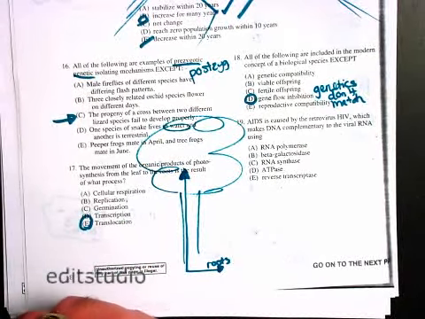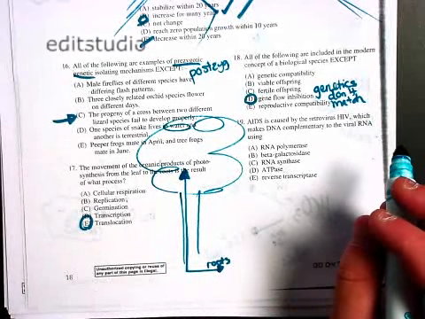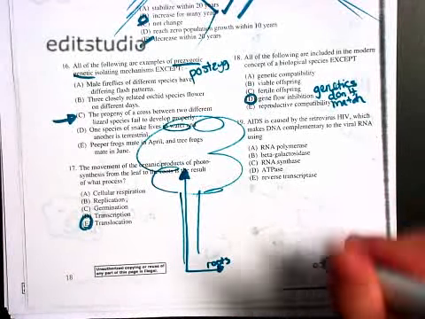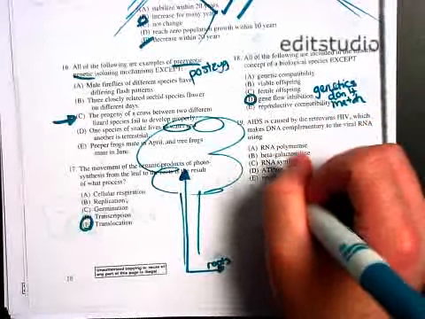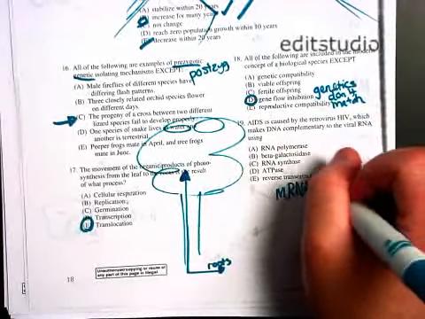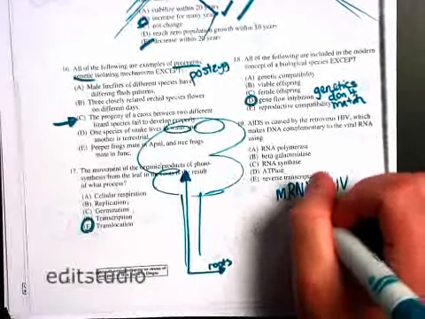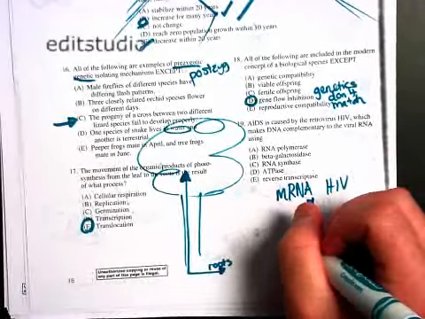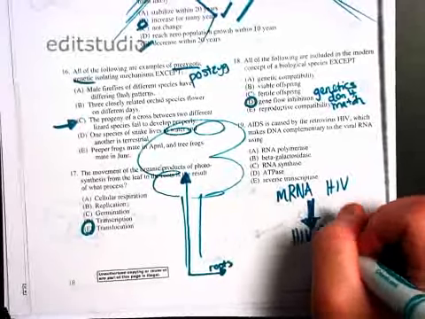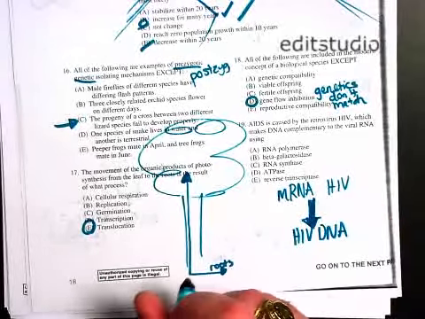It says AIDS is caused by the retrovirus HIV. Which of the following makes DNA complementary to the viral RNA? So they're basically asking what takes the RNA from the HIV genome and encodes it into a form of DNA, so that you have HIV but of the type DNA. What's the name of that enzyme?